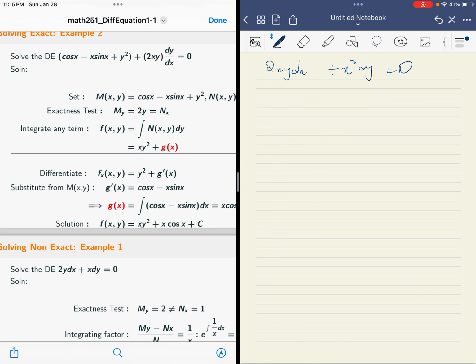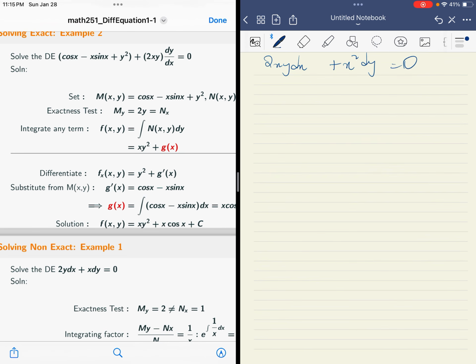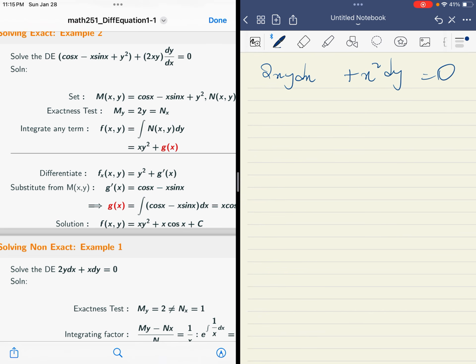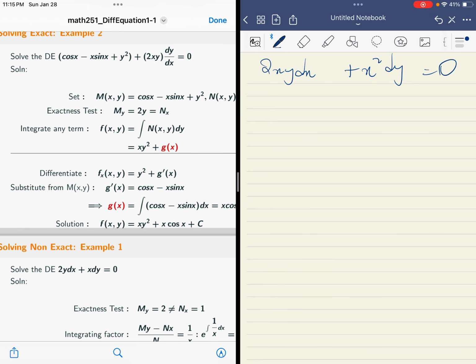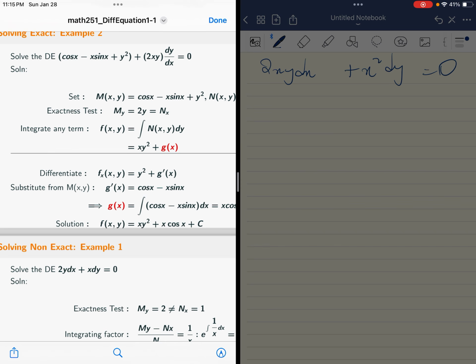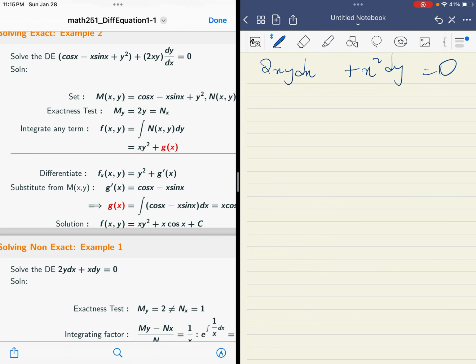If you didn't understand the first question I solved on exactness, please follow keenly on how I'm going to be solving this, because I am more or less going over the method of solving exact differential equations. So let's go ahead and solve this. Now that we know that this is exact, what did I say? We pick the easier term and integrate. Remember that point. Integrate the easier term.